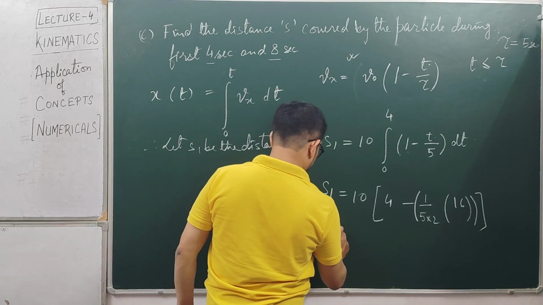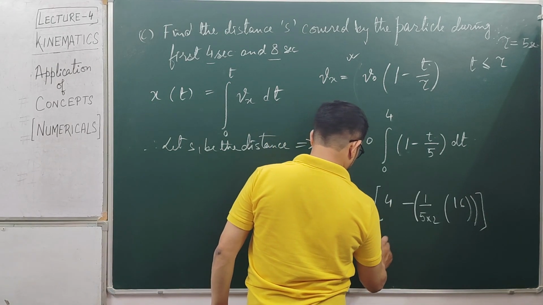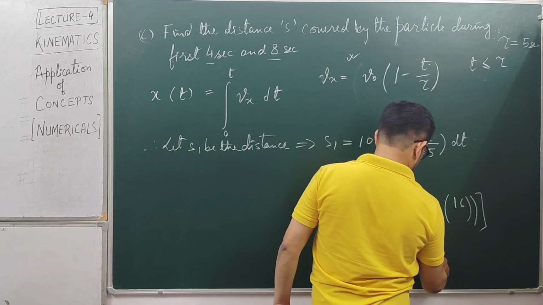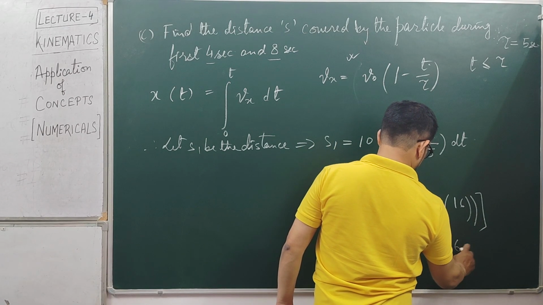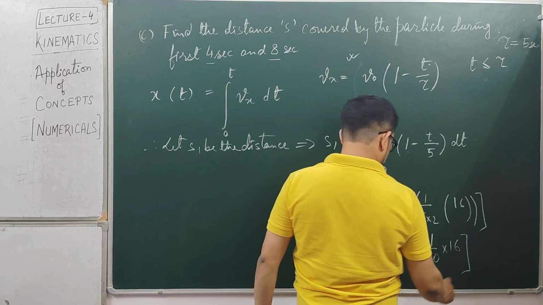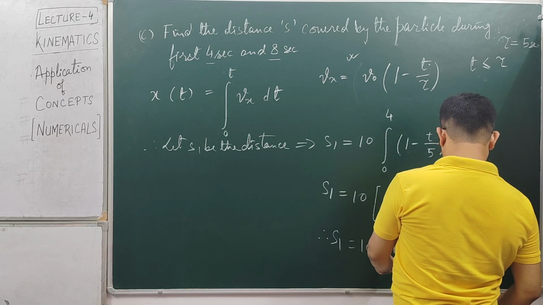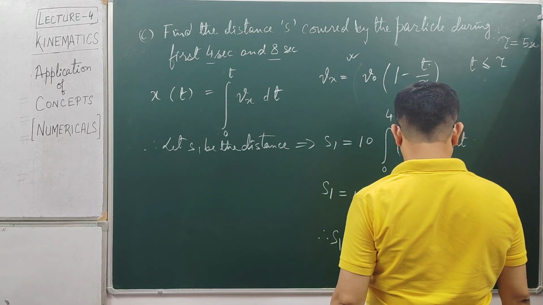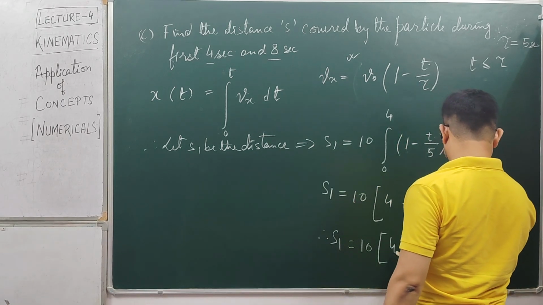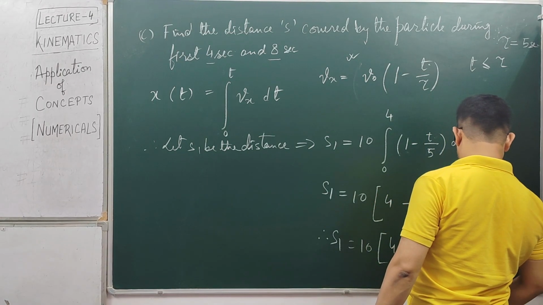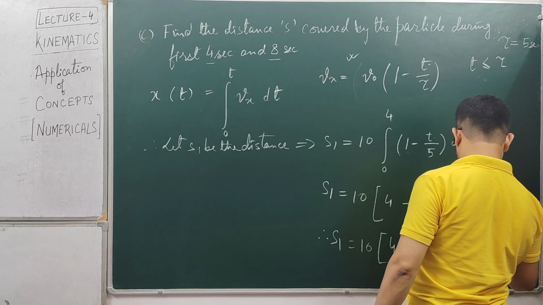So therefore S1 is going to be 10 times (4 minus 1 over 10 into 16). So this comes out to be 40 minus 16, and 10 would get cancelled, so it comes out to be 24, right?